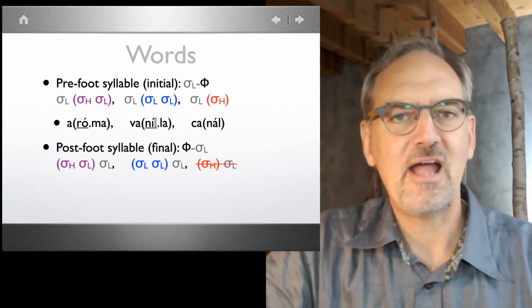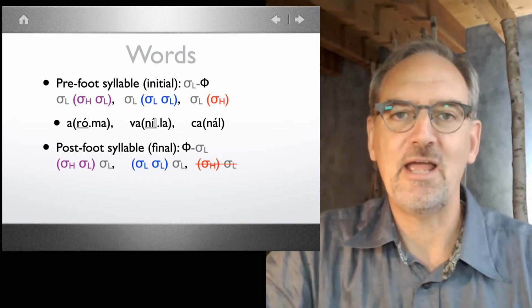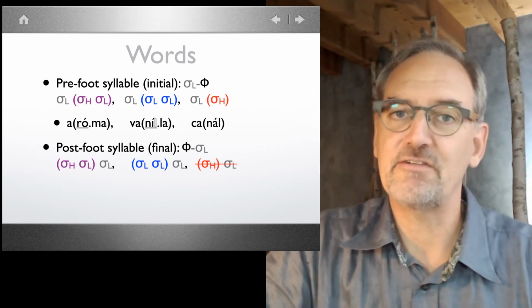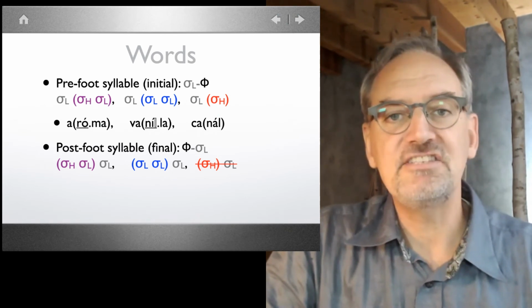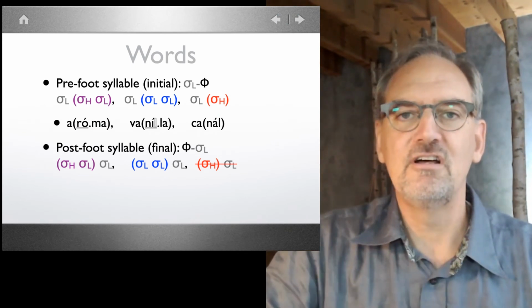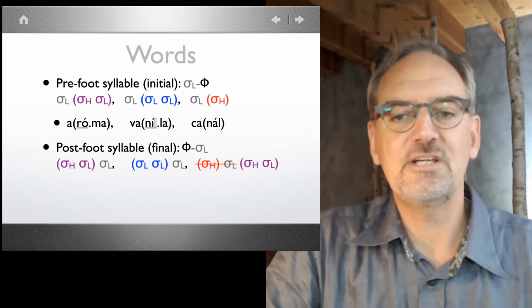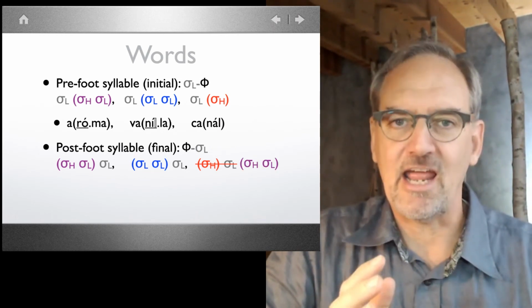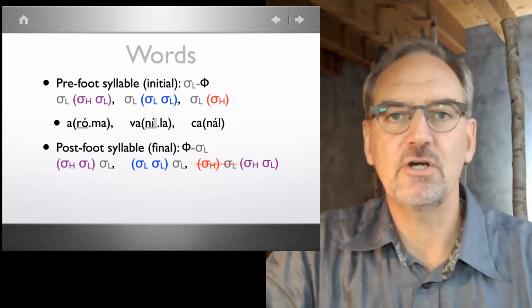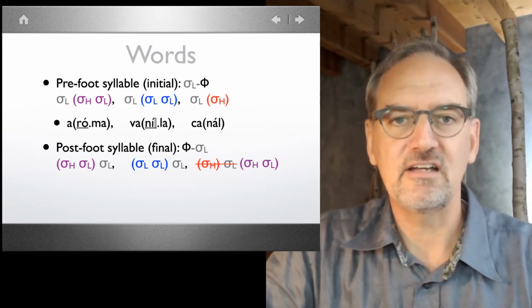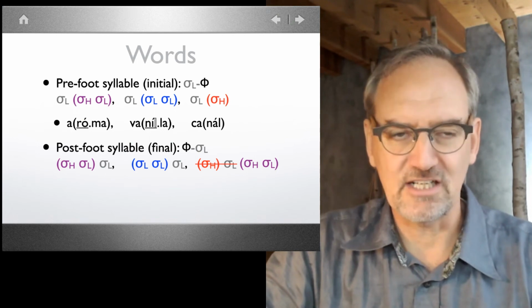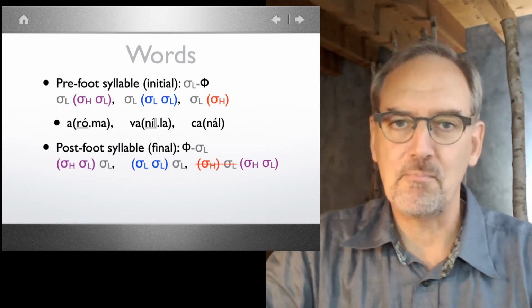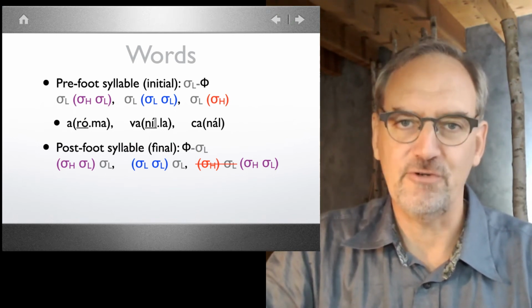And you might consider adding a syllable following a monosyllabic foot, kind of the reverse of canal, right? But in fact, any sequence of a heavy syllable followed by a light syllable will simply be grouped together in a bisyllabic foot. So in fact, we never find a post-foot syllable following a monosyllabic foot.